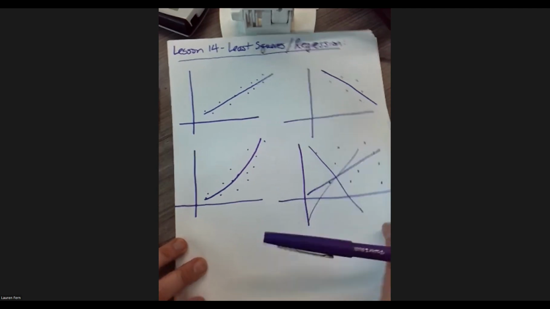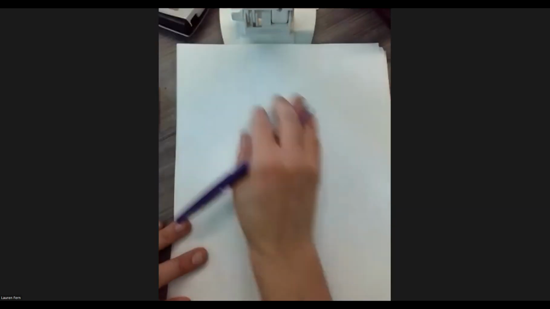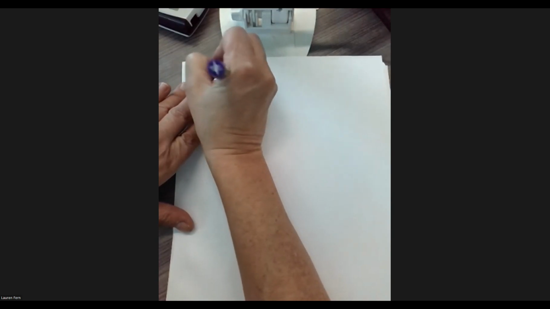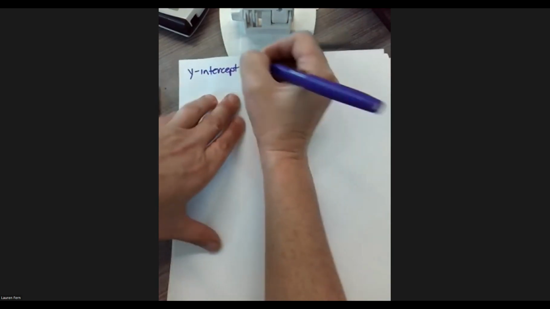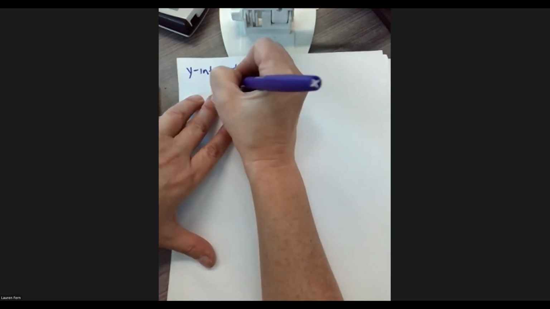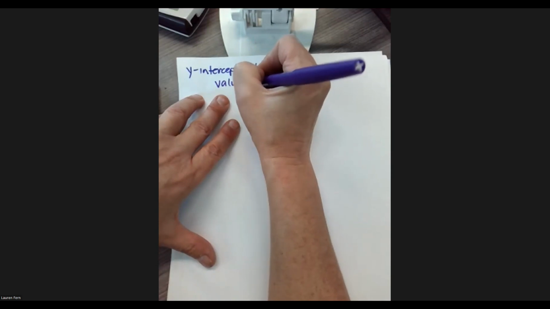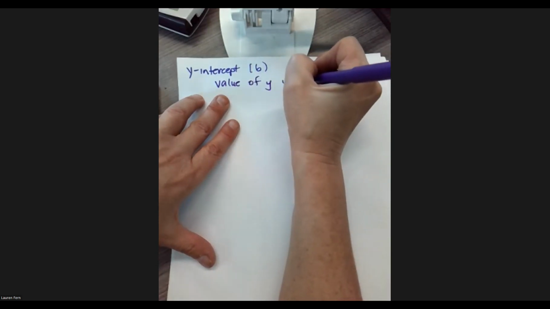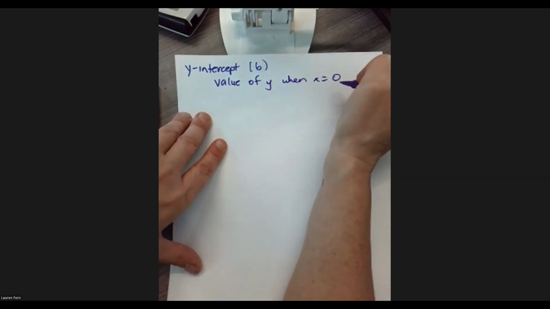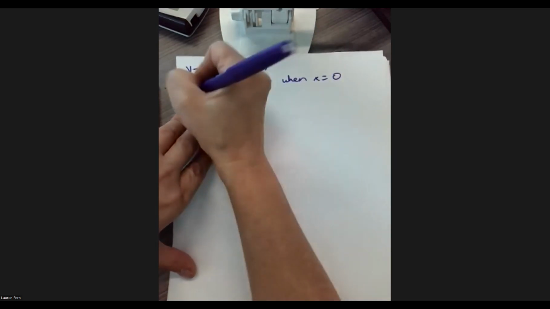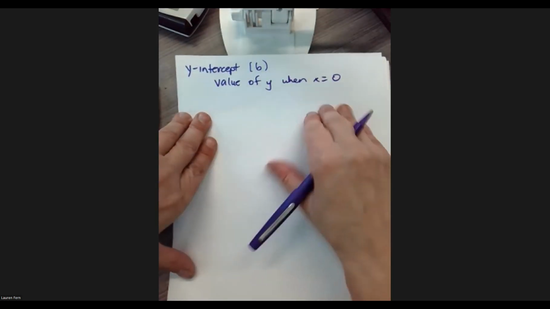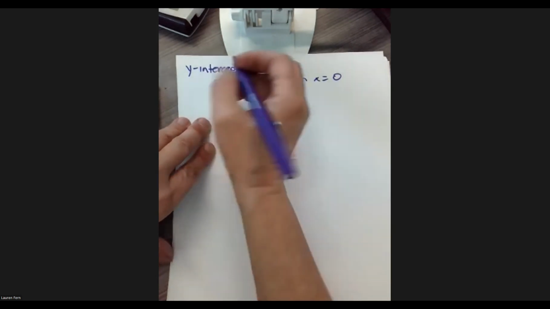So just briefly, two things that you're going to have to interpret are our slope and our y-intercept. Remember, that's our b value. More specifically, that's the value of y when x is equal to 0. Sometimes we call that our initial value. So what I'm going to do is give you a broad script for how we're going to do these interpretations.